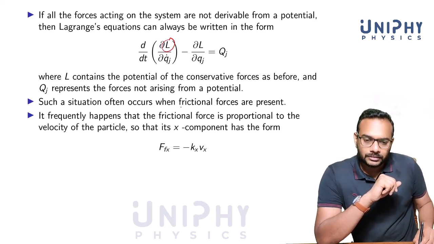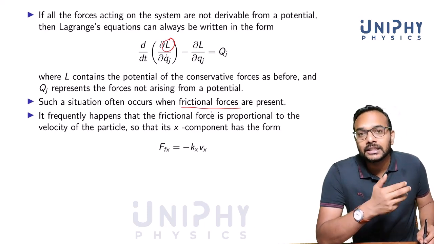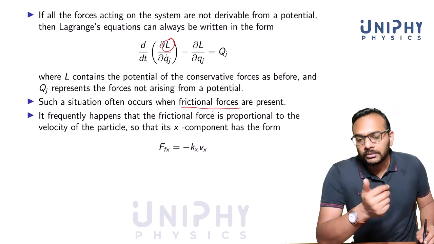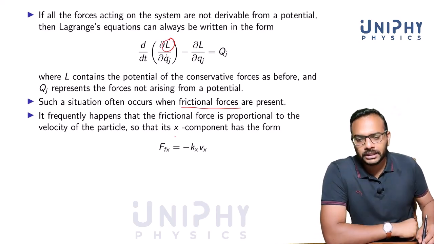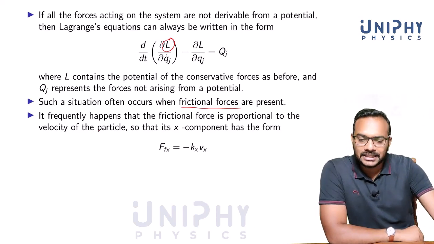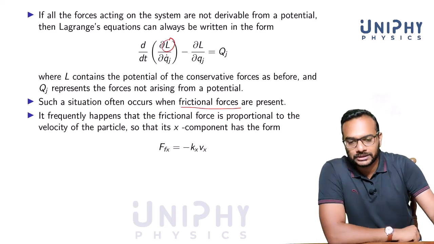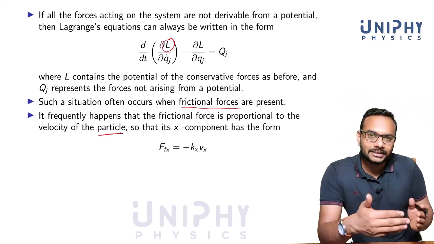So the most familiar case where such situations arise is the case of frictional forces. You cannot write the frictional forces in terms of a potential. It's not a conservative force. So in many cases that we'll discuss, the frictional forces are found to be proportional to the velocity of the particle, and the direction is opposite to the movement.